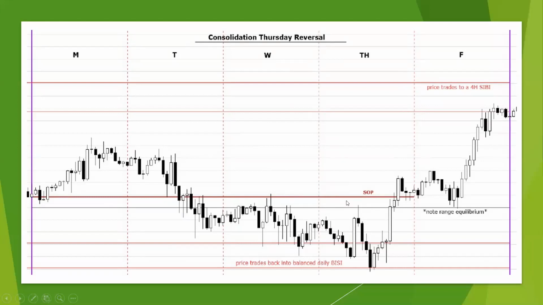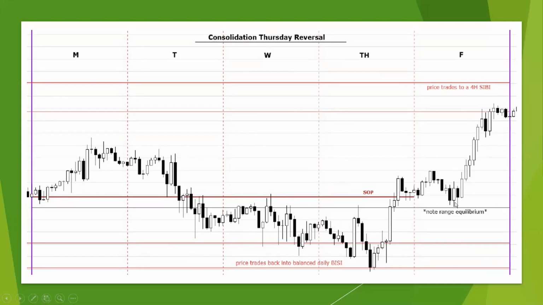Then all we have to do is take our high and low, divide it in half. We have our range equilibrium, right? Look how price trades down below Sunday opening price, which is now a discount, and taps the range equilibrium here. That is going to be your buy scenario. Now, you would add a few pips for spread, and it'll probably get you very close to Sunday opening price.